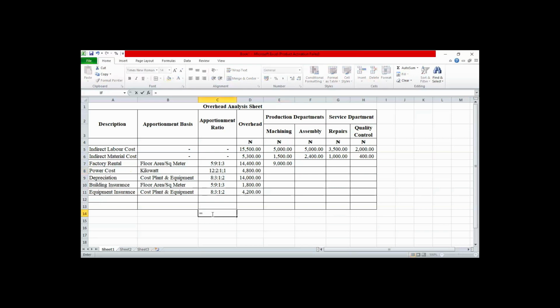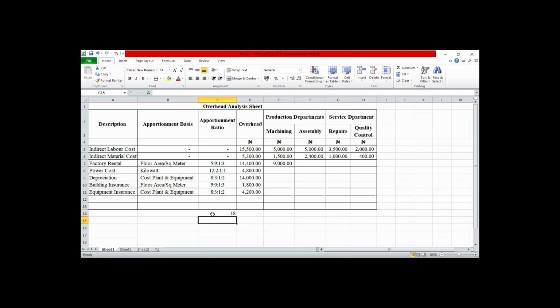Let's confirm. 5 plus 9 plus 1 plus 3 is equal to 18. But what you used to get the 9,000, you didn't use 18. You typed 8, not 18.